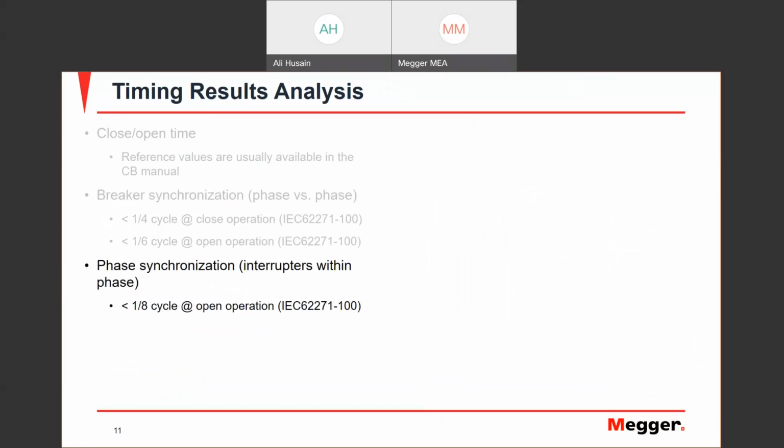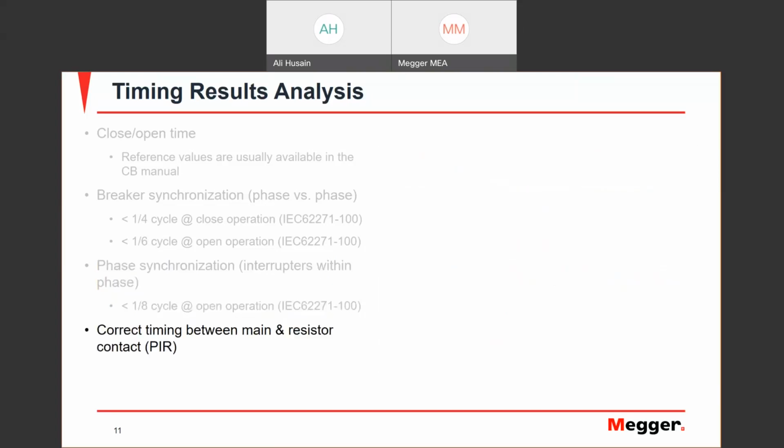If I have multiple interrupters per phase, usually in very high voltage, 400 kV and above, I can compare each interrupter within the same phase and make sure they are opening or closing with a very small difference between them. This is not usually available in our region, but if you have resistor contacts, or what's called pre-inserted resistance contacts, you can compare their times as well.